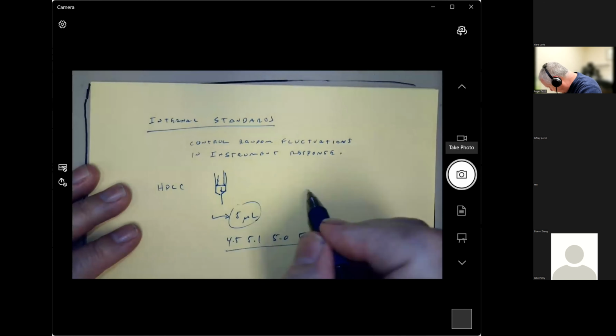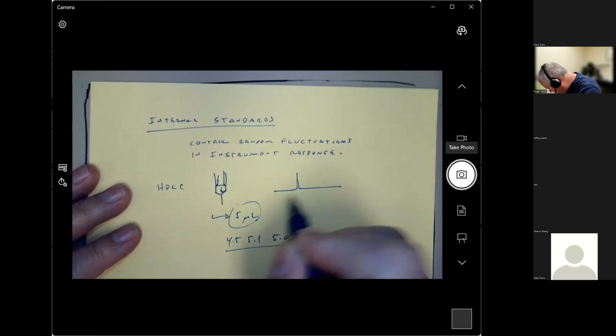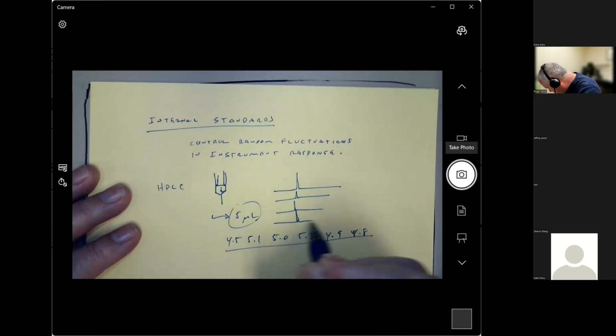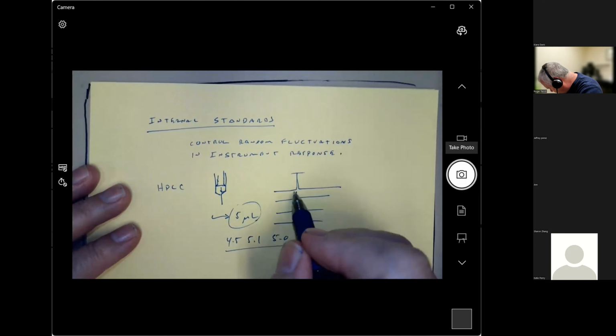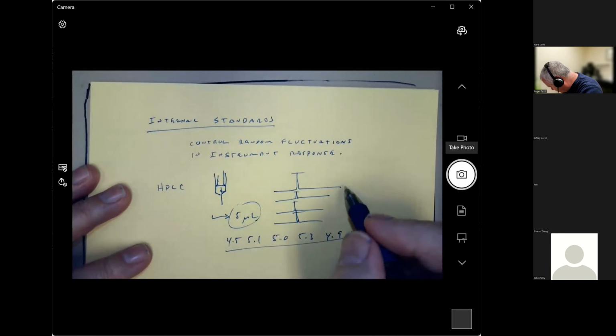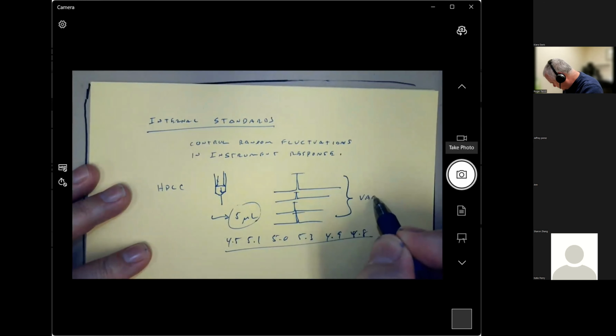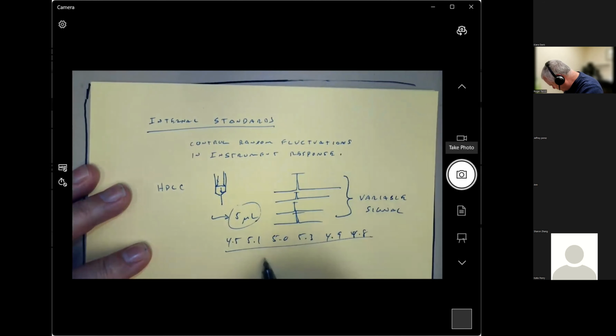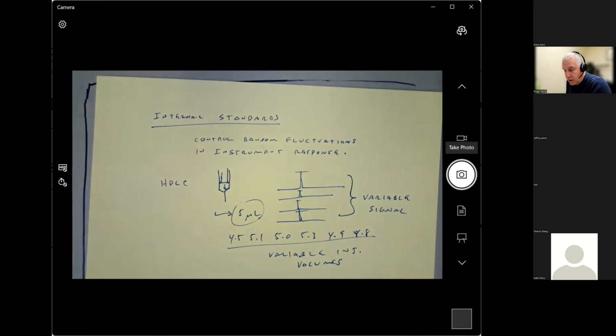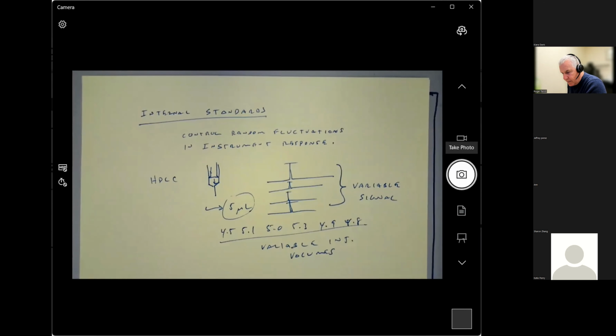Then the peaks that you get for this are going to be large, a little bit smaller, a little bit larger, a little bit larger, that kind of thing, right? There'll be a variation in the peak amplitude, depending on the injection volume, right?